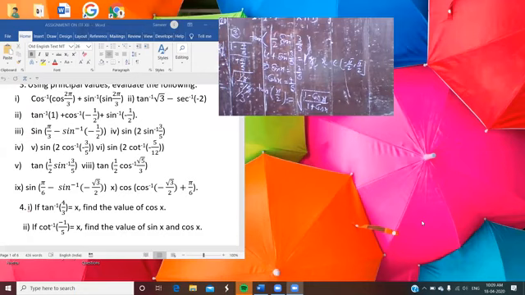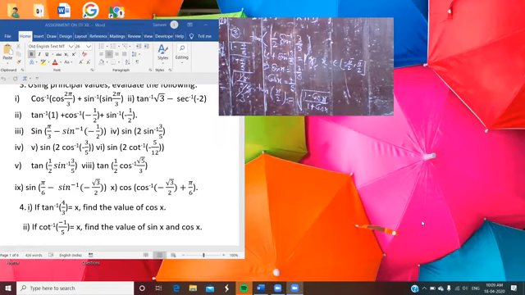So 1 by 3 is its value. In this way you can find it. You only have to learn this identity: tan x by 2 is equal to under root 1 minus cos x upon 1 plus cos x. Putting the value of cos x, you will have your answer.